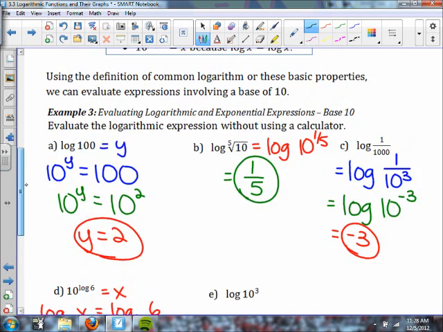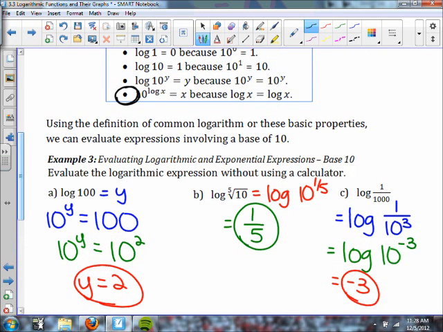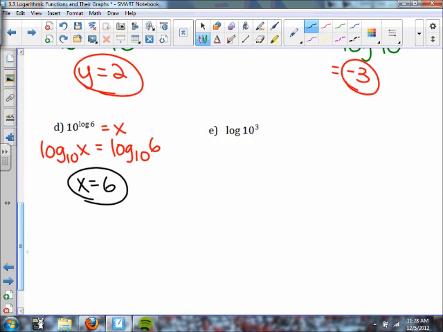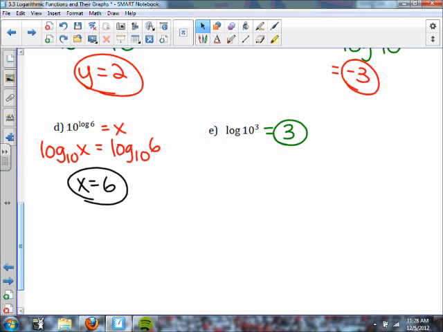Now, you could also use this property right here: 10 to the log of x will equal x, because log of x will equal log of x. And that's pretty much what we have here. Now, using that same property as in A, B, and C, we could see that log of 10 to the third power will equal 3.